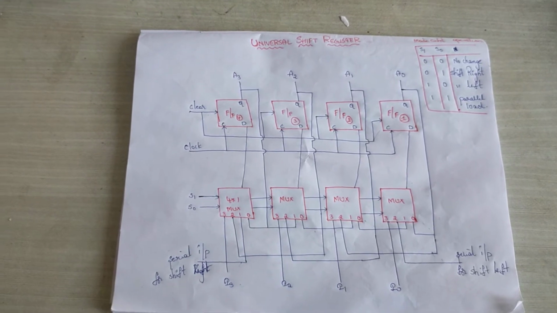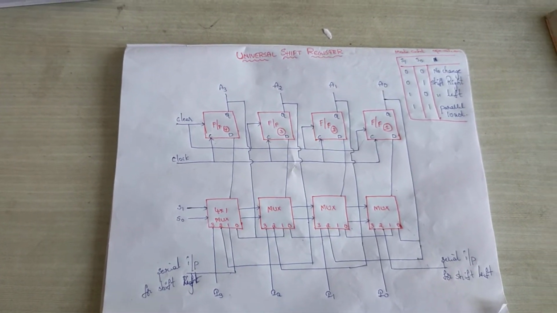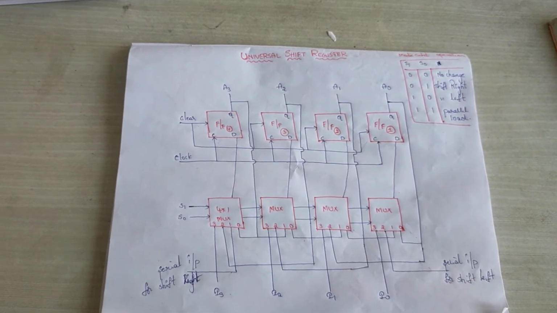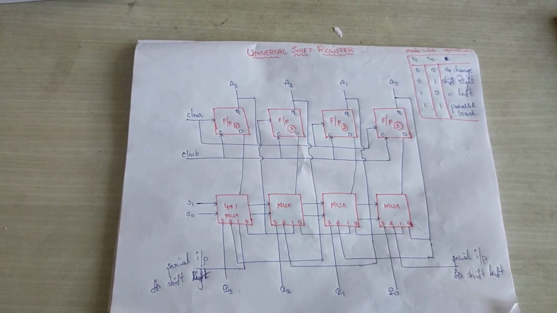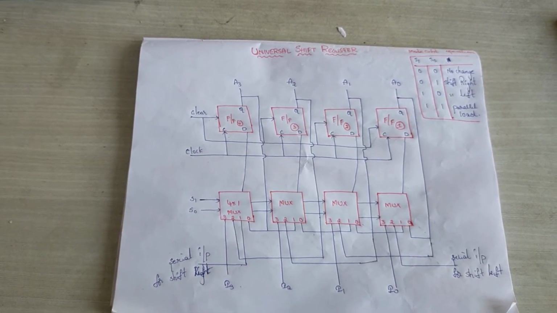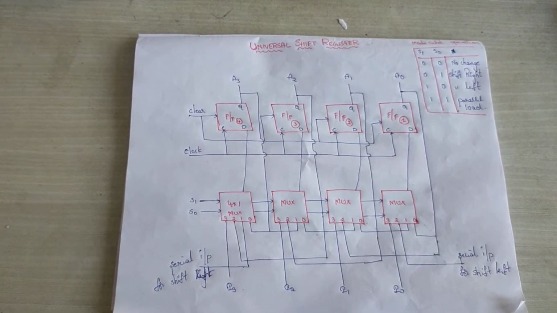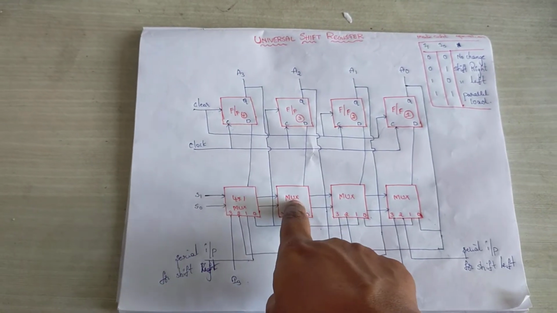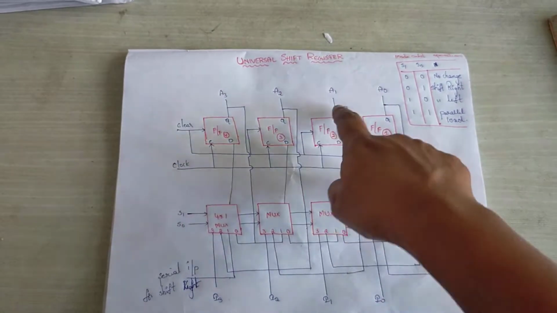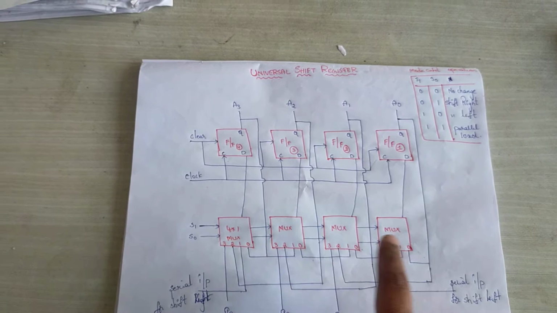In other words, a universal shift register is also a bidirectional shift register whose input can be either in serial form or in parallel form. We can give input either in serial format or in parallel format. Both it can do.